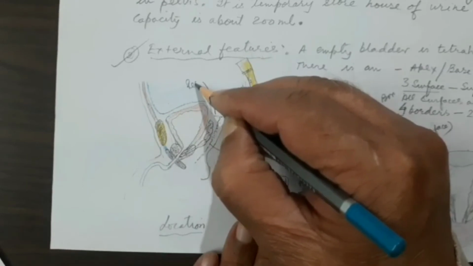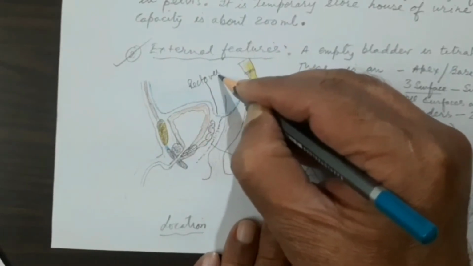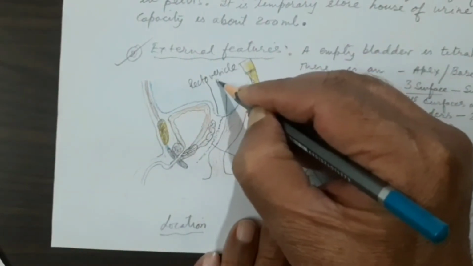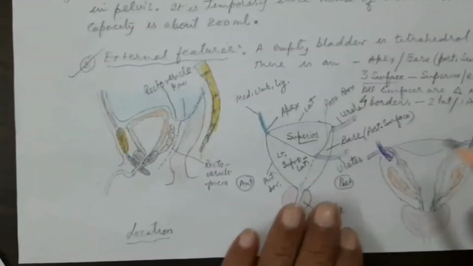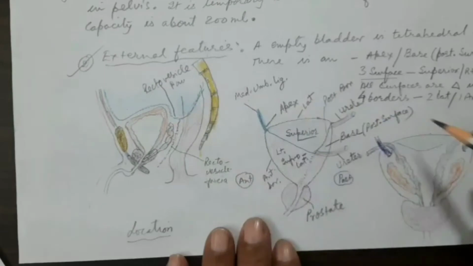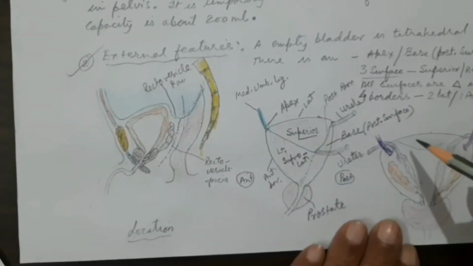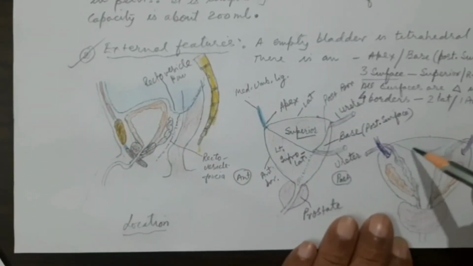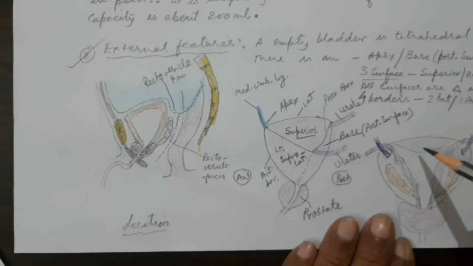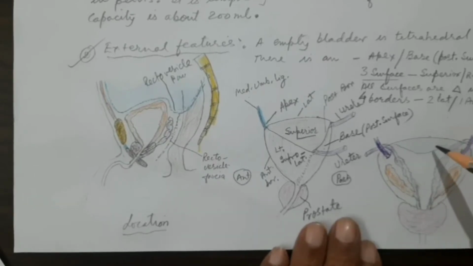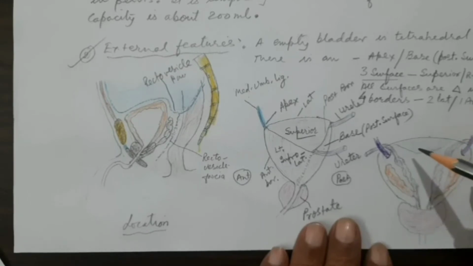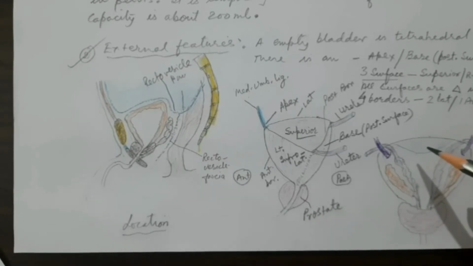I am writing here rectovesical pouch, okay. In this rectovesical pouch, this part of the base comes in contact with the coils of the small intestine. So the coils of small intestine or sigmoid colon are in relation to this surface.